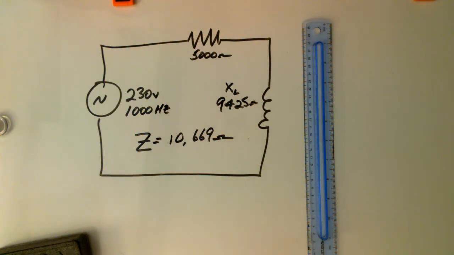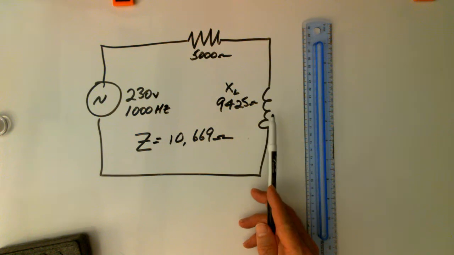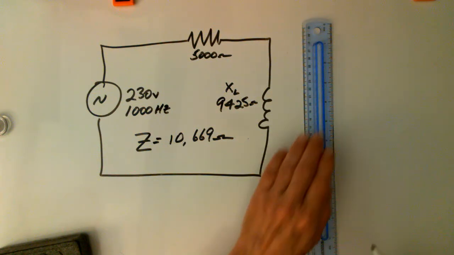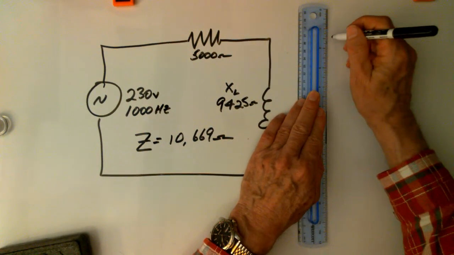Now you already know that anytime you have a circuit that has an inductor for its reactor, the current will lag the applied voltage. If it's a pure inductor, no resistance, then the current will lag the voltage by 90 degrees. But here, this is a culmination of everything.